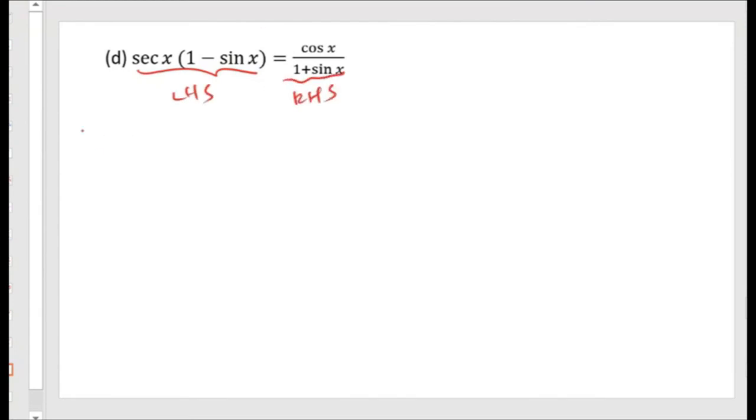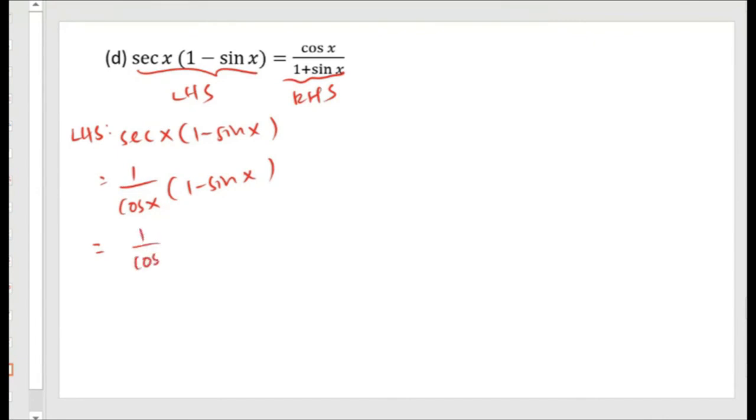So from your left hand side, you do this now. Secant x over 1 minus sine x. After this, you will get 1 over cos x minus sine x over cos x, correct?